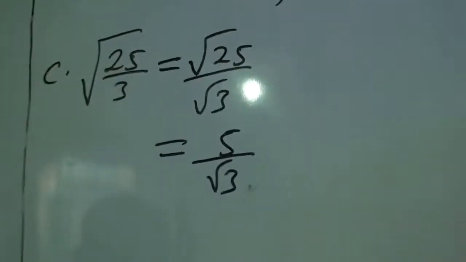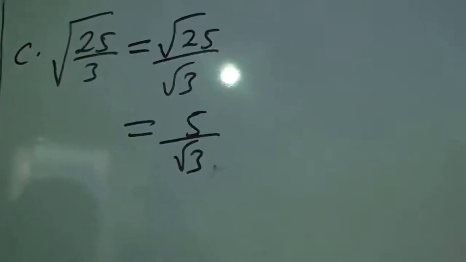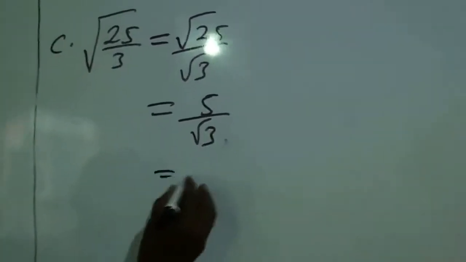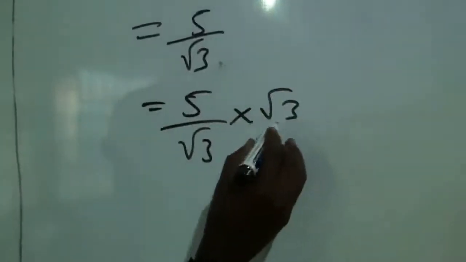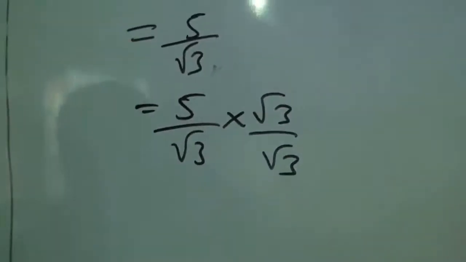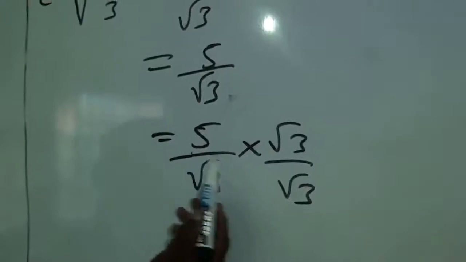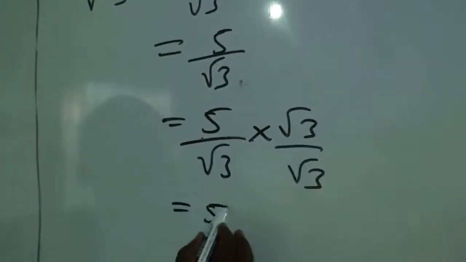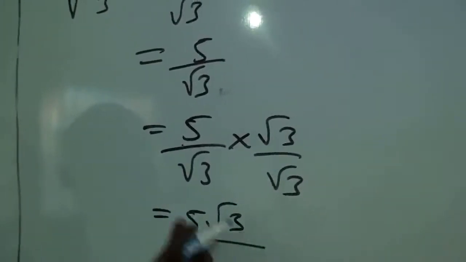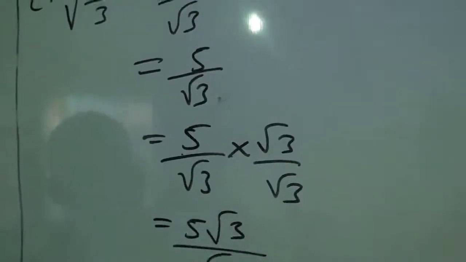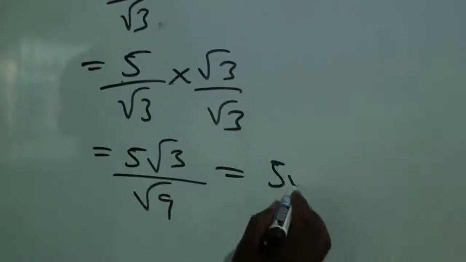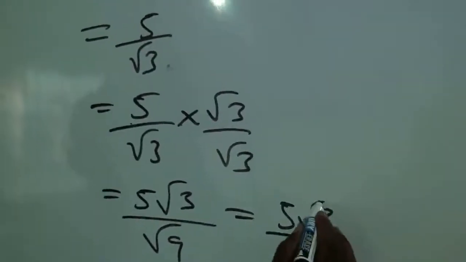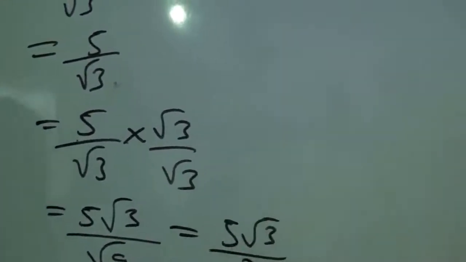And then how do we rationalize? As explained earlier, we multiply both the numerator and the denominator by root 3. Okay, so 5 times root 3 will give us 5 root 3. Root 3 times root 3 is root 9, and 9 is a perfect square, and that will give us 5 root 3 all over 3.